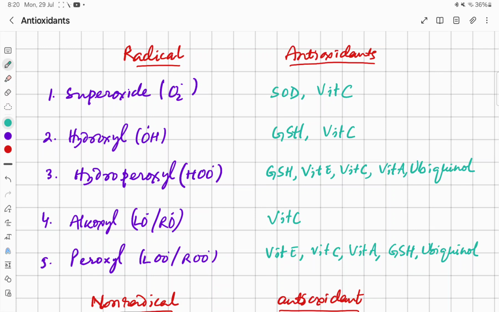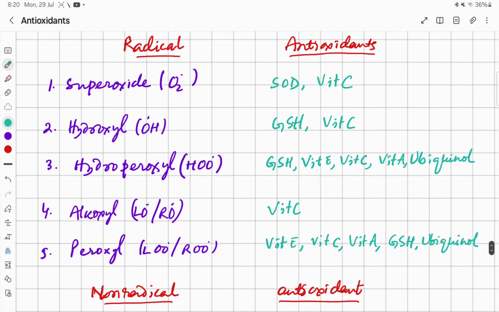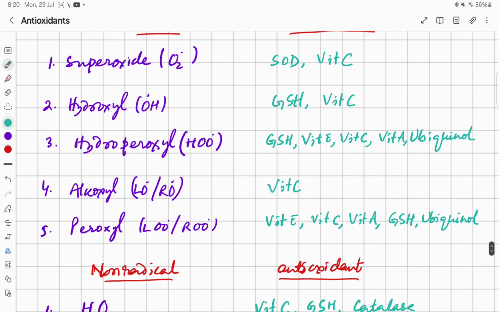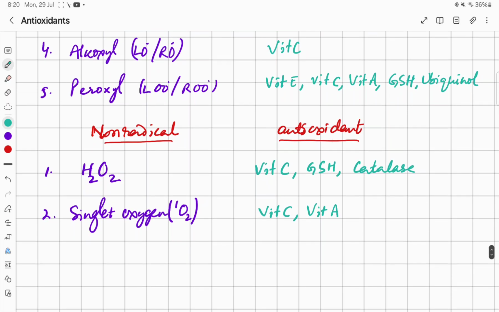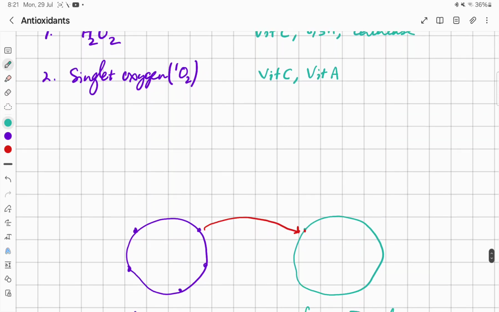Alkoxyl radical can be neutralized by vitamin C. Peroxyl can be neutralized by vitamin E, vitamin C, vitamin A, glutathione, ubiquinol. Similarly, among the non-radicals, H2O2 can be neutralized by vitamin C, glutathione, catalase. Singlet oxygen can be neutralized by vitamin C, vitamin A.